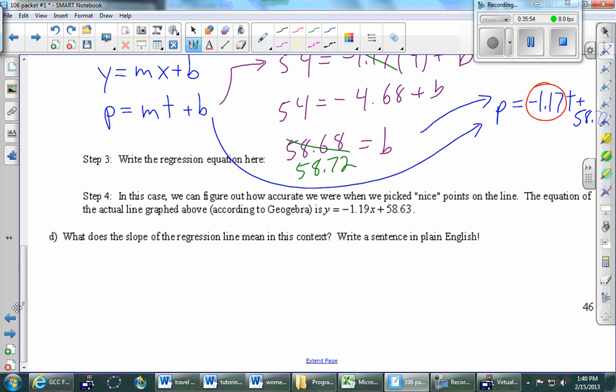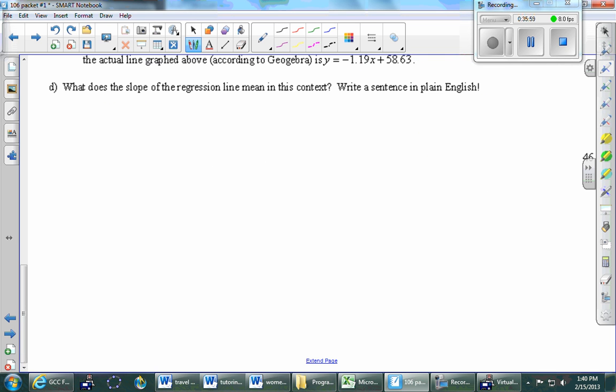So I'm going to write that down here. First, we'll write kind of an awkward sentence, and then we'll see if we can clean it up a little bit. So I'll just write the number again, just so we have it. Negative 1.17% per year. Okay, so the percent referred to the percent of alcohol-related deaths.